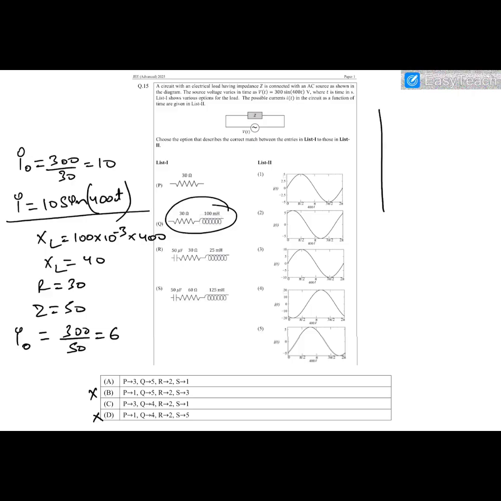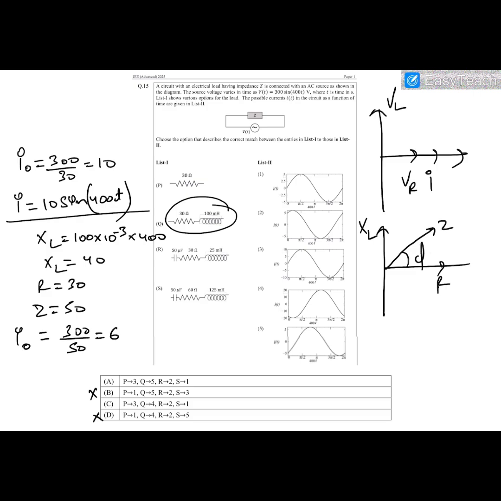And if we draw the phasor diagram, in the series circuit, current will be on the x-axis, VR is on the x-axis, and VL will be on the y-axis, and this will be R and this will be XL, and this is Z.